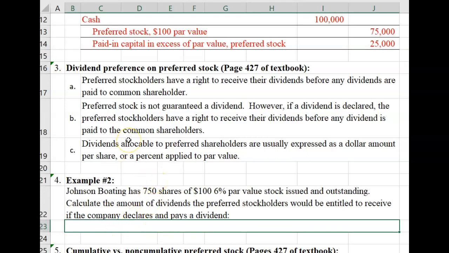This dividend is calculated as a percent applied to par. It specifies that it's a 6% $100 par value stock.